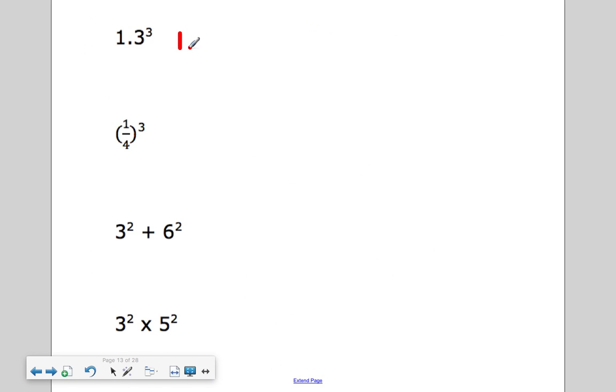What about this one? 1 3/10 is the base. 1 3/10, it repeats itself 3 times. So what do you get when you multiply? Well, 1 3/10 times 1 3/10 is 1 69 hundredths. I'm going to multiply that by 1 3/10.